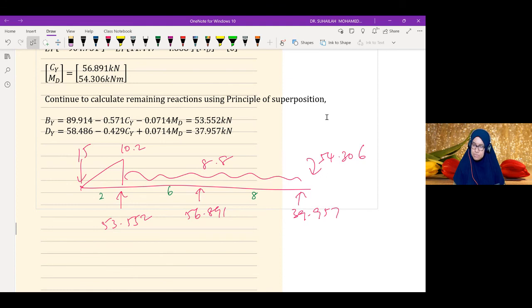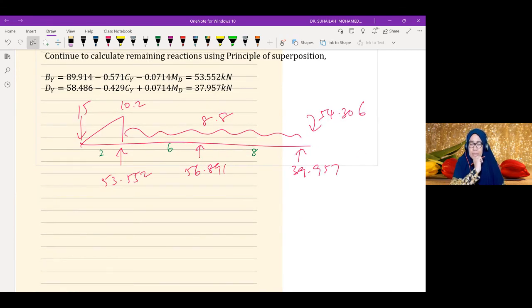We get negative 2. This is correct, but we assume this 2 value as error, because normally we will get plus or minus 2 because of the decimal places that we take along the calculation.